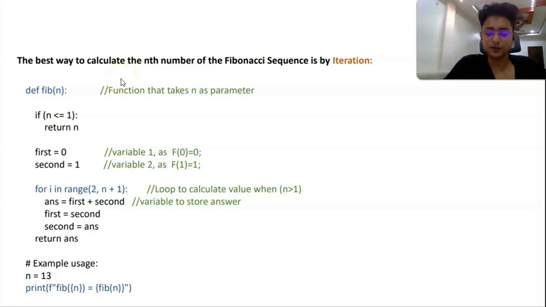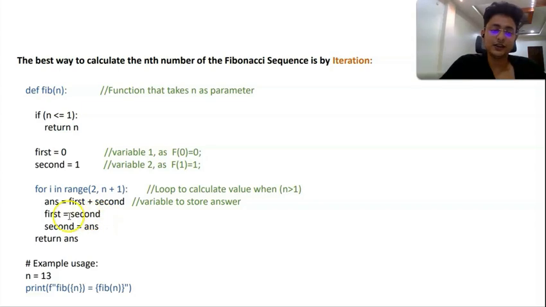As we move forward, the values of the first and the second variable we also have to update by one term. For that, we store the value of the second variable in first, and we store the value of the answer we get in second.